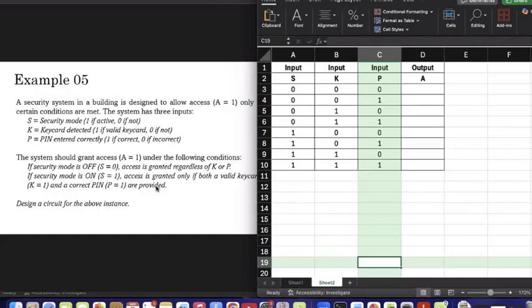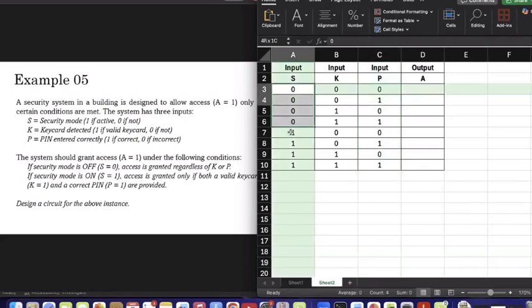Now, they are telling you the system will grant access, where A is equal to 1, under only the following condition. If security mode is off, which means when S is equal to 0, access is granted regardless of K or P. What is the meaning of this?